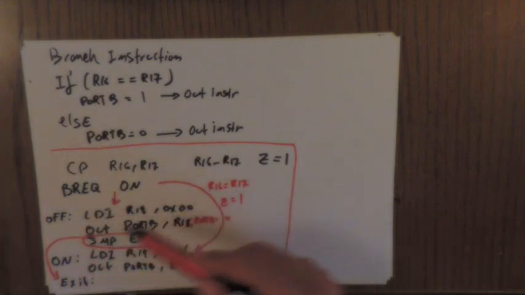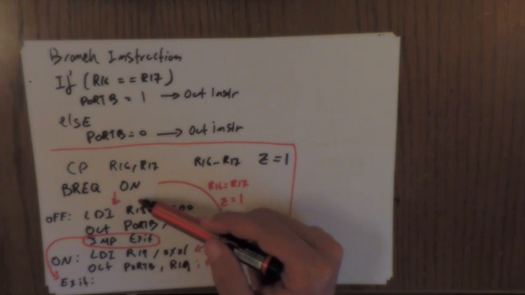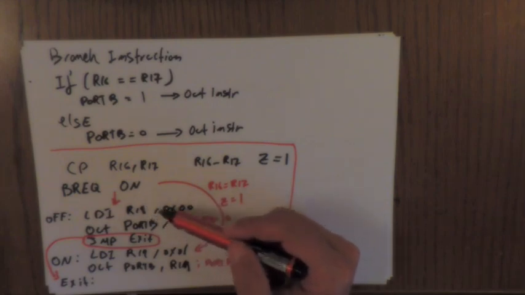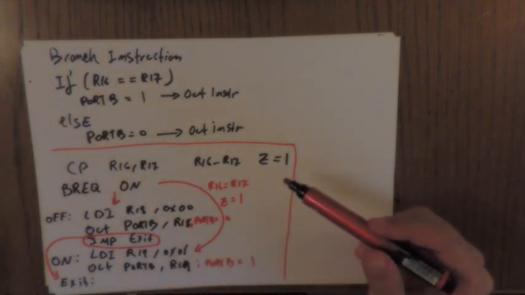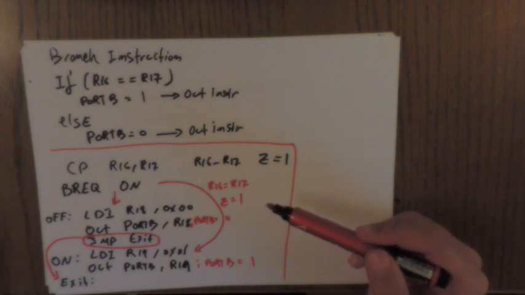But just for clarity, I put off and on. So if the condition is off, I execute those two instructions and then unconditionally jump to exit. So branch if equal allows me to branch based on a condition.